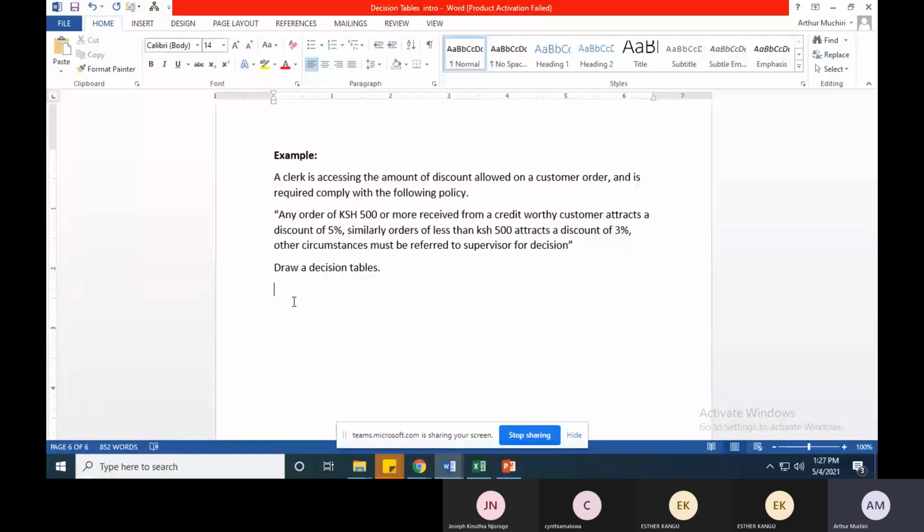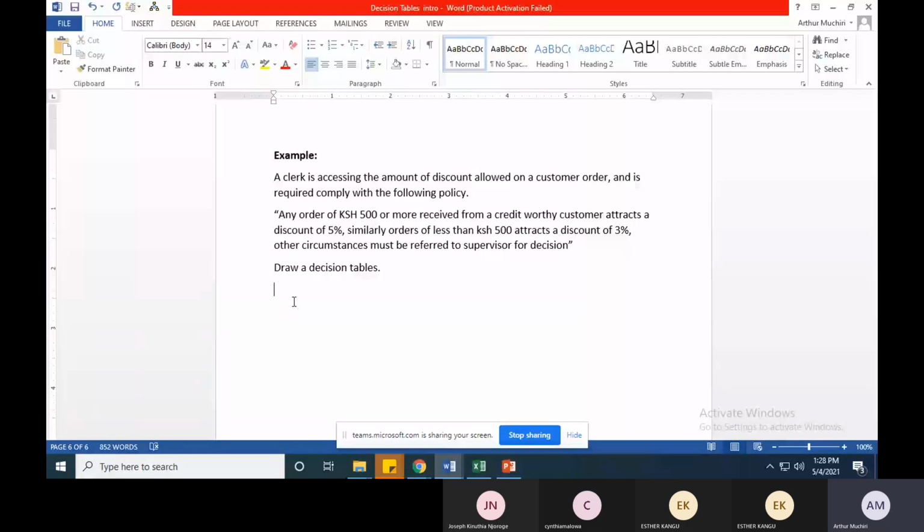Other circumstances must be referred to the supervisor for decisions. So that is another action. So how many actions do we have? We're going to allow a discount, and also allow a 5% discount and allow a 3% discount. So those are the actions.